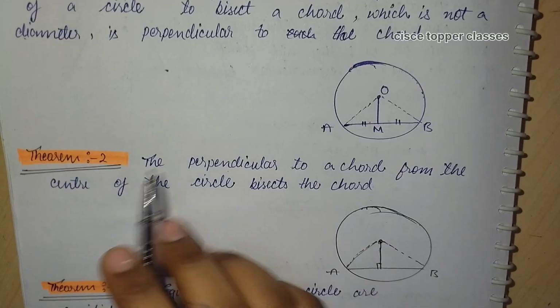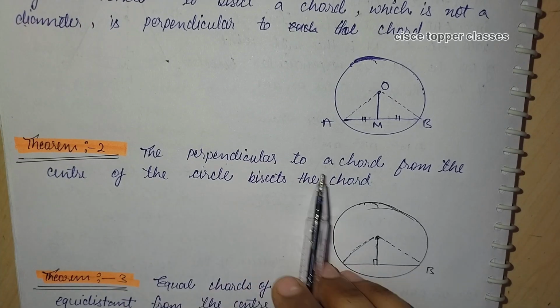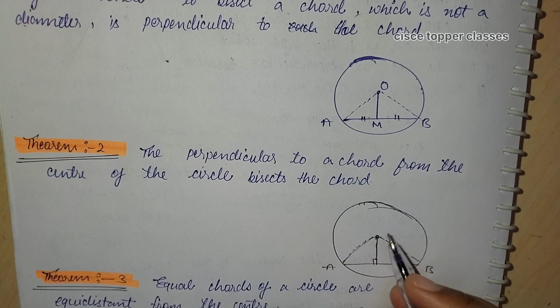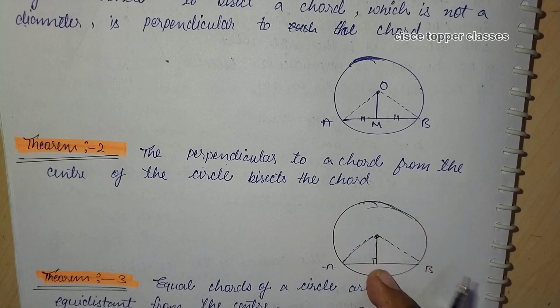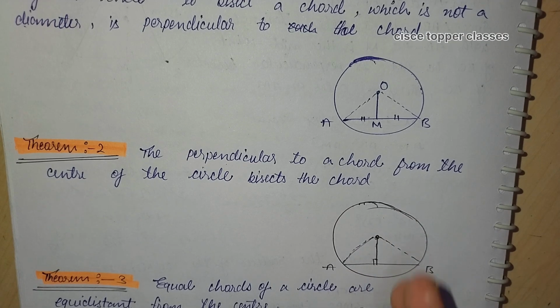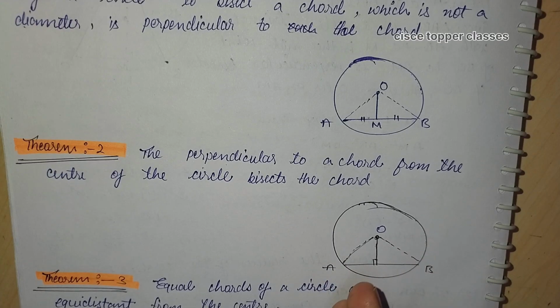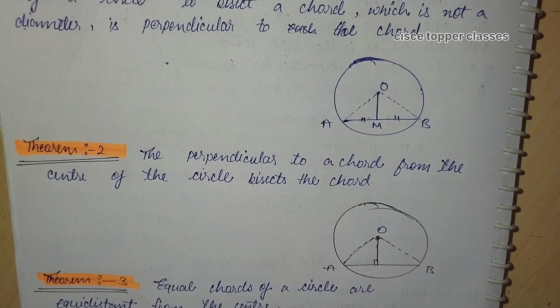Now theorem 2 is the converse of 1. If the line from the center is perpendicular to the chord AB, then this line from the center bisects the chord.